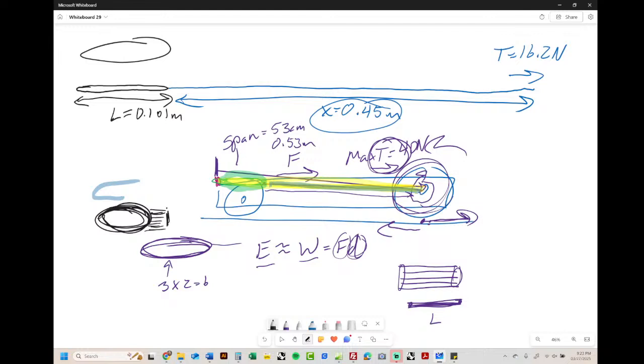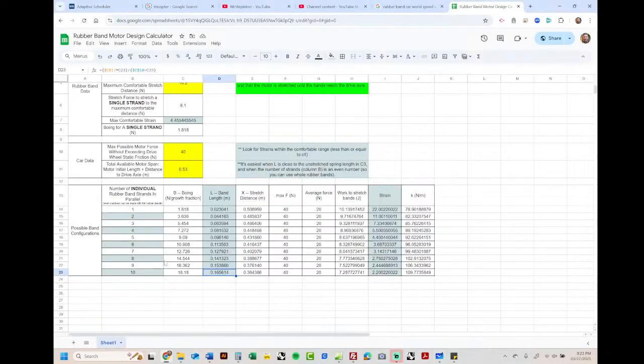Really what you'd want to do is just cut 10 strips. Tie it off here, tie it off there. That's what this one would look like. Make sure that between your tied off parts, you've got 16 centimeters. But again, it only stretches 36 centimeters, whereas these other ones stretch a lot more and have more energy.